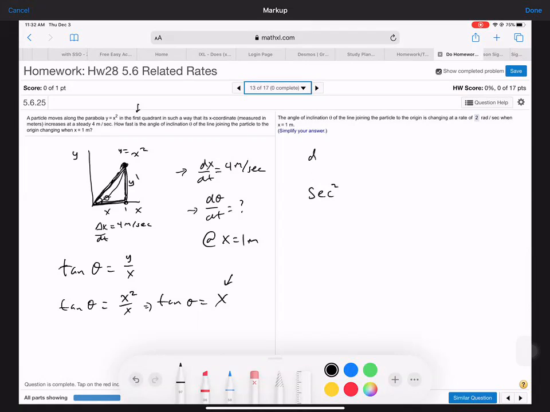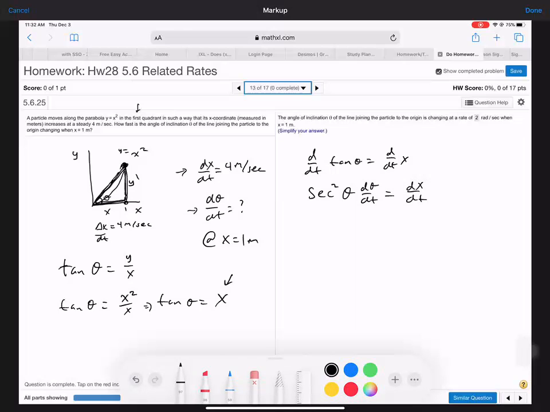Let me just write that. d over dt of tangent theta is equal to d over dt of x. The derivative of tangent is secant squared, and the derivative of theta is d theta over dt, so chain rule, and the derivative of x is just dx over dt.